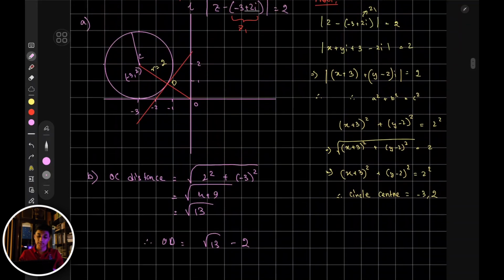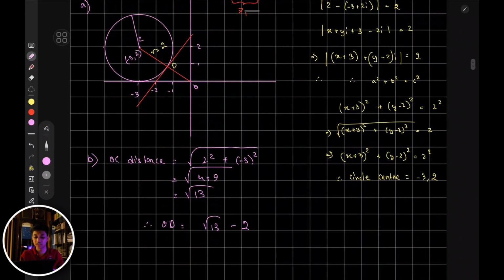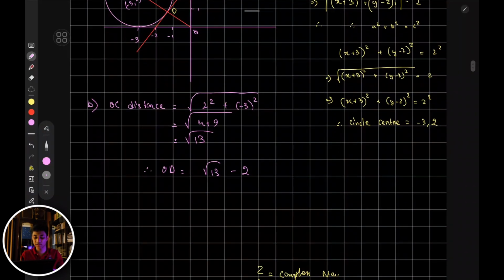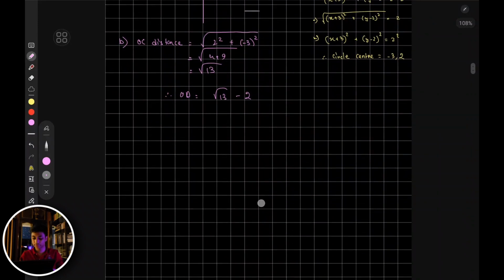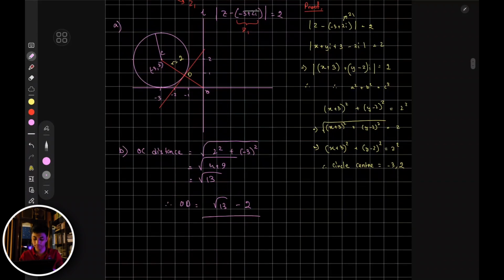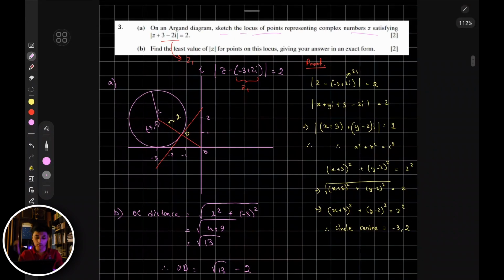So you get root 13. This is the value of this entire length. Now you also know the radius, so you subtract the radius and get OD, which is the least distance. OD is root 13 minus 2. Great. So that is answering 3B.